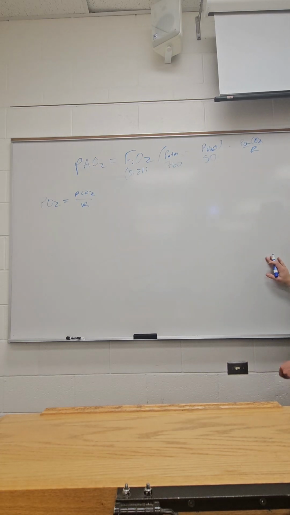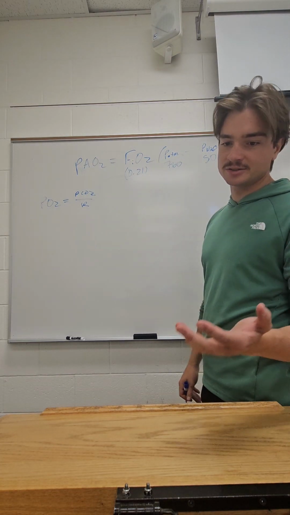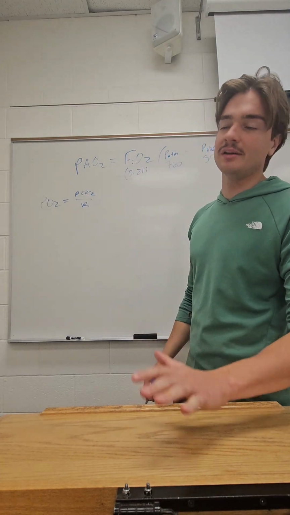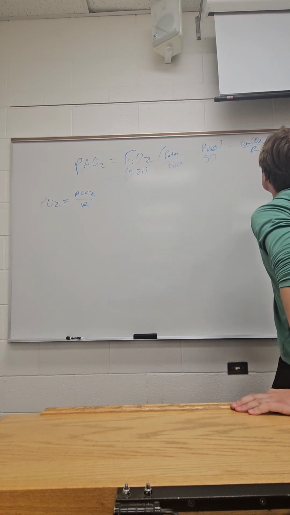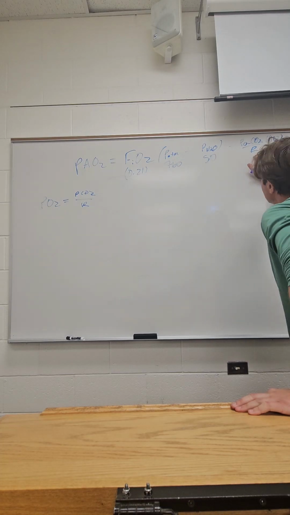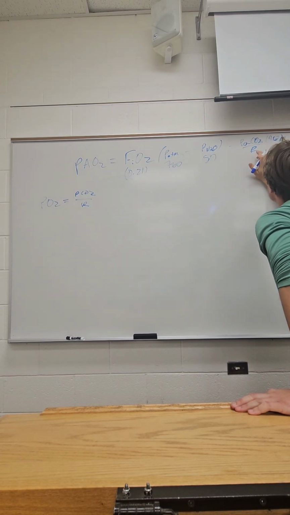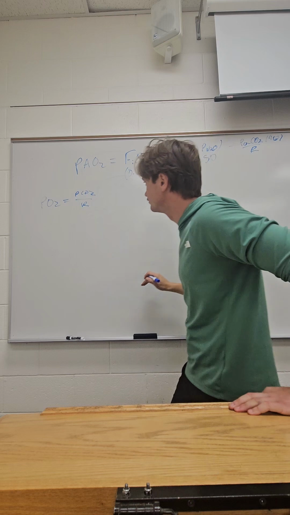Okay, the arterial pressure of our CO2, and what do we know from acidosis? The normal CO2 level is 40. Now this R is our gas exchange ratio.